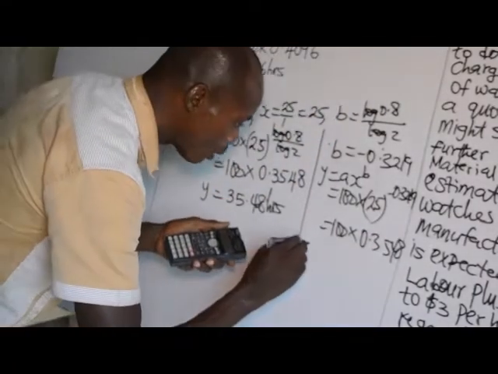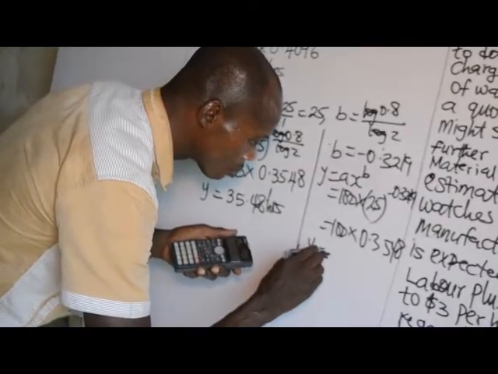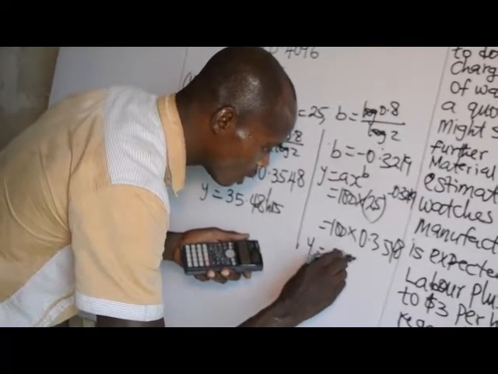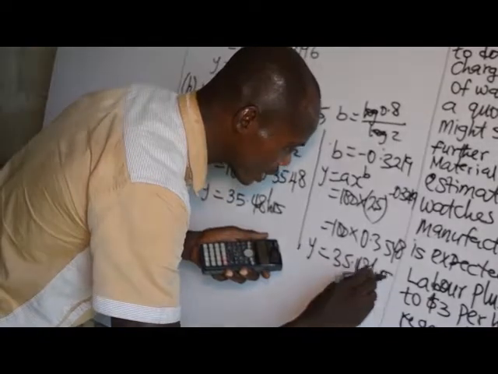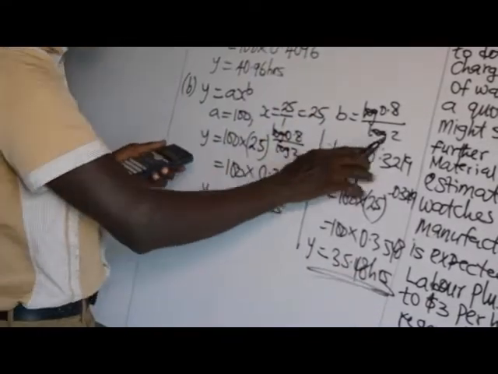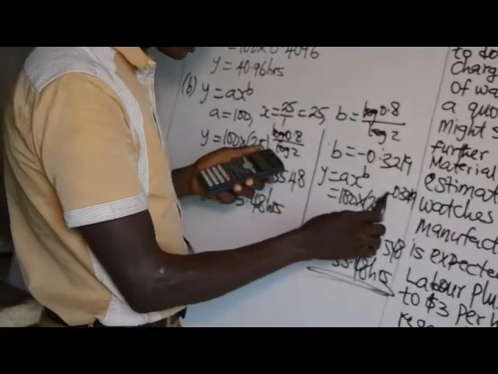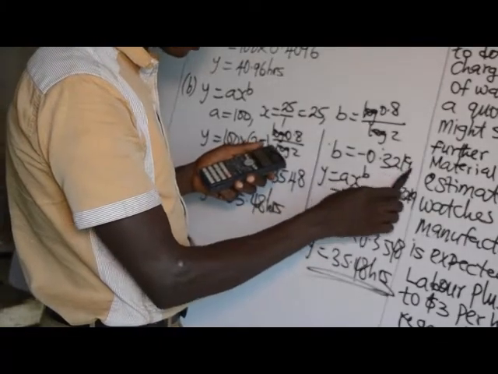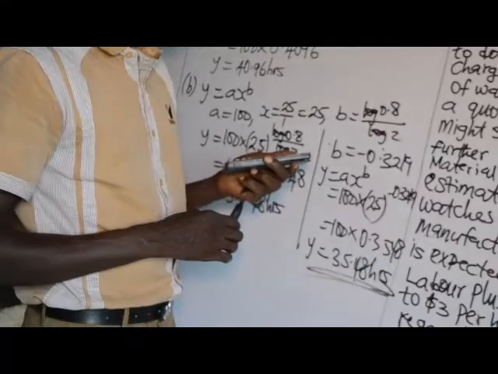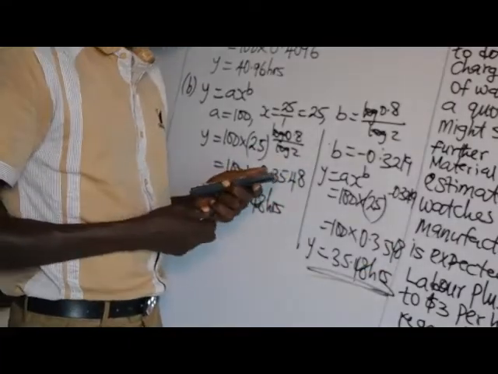If you multiply that by 100, Y will be 35.48 hours. So if this is the way you prefer to solve it, you may choose this method. This is minus 0.3219. So that is for the B aspect of the question.